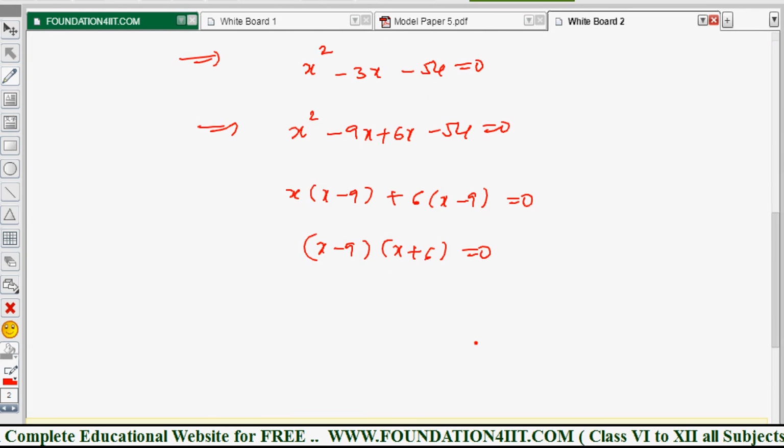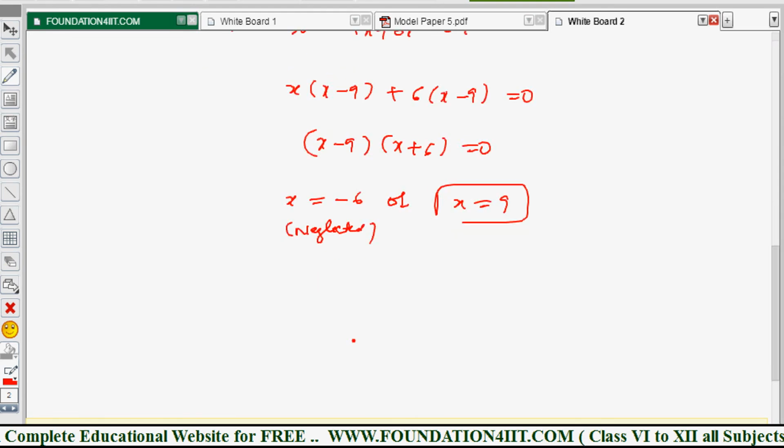So one is a negative value, one is a positive value. So x is equal to minus 6 or x is equal to 9. We will take this one, and the other is neglected, because there is no negative value, so x is equal to 9. If x is 9, then they are asking only how long A alone can complete the work.